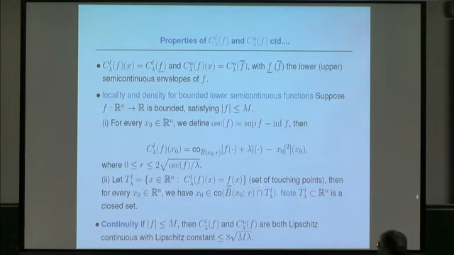Given any point, the point is in the convex hull of the touching points within a ball with radius r. That means the touching set has a density. It will touch the graph in a dense fashion, and how dense depends on lambda. This is the general estimate.